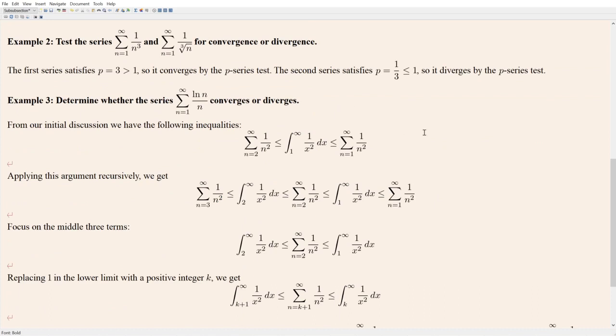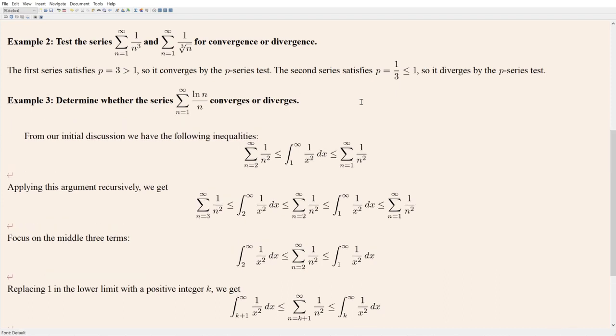Okay, determine whether this series converges or diverges, log n over n. Well, it's certainly not a P-series because we've got that natural log in there. So really, we have no other recourse but to try using the integral test. But in order for the integral test to work, we have to verify that the premises are satisfied.